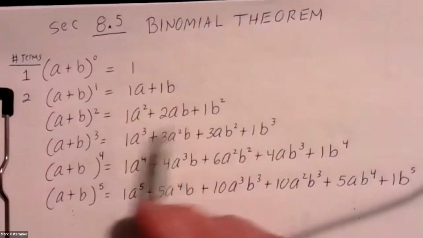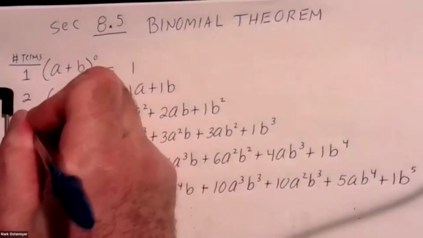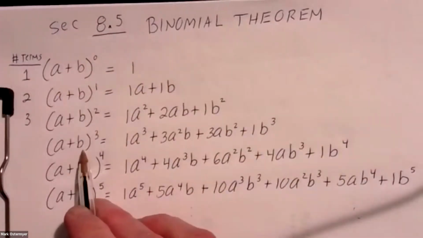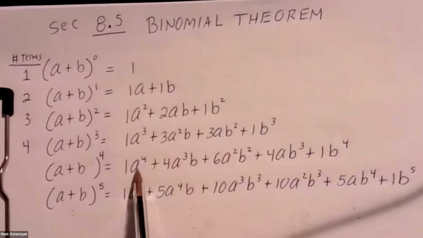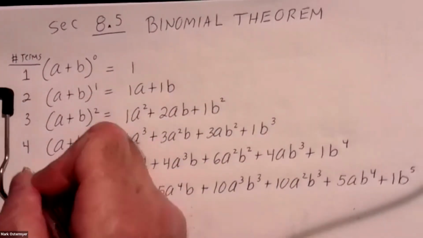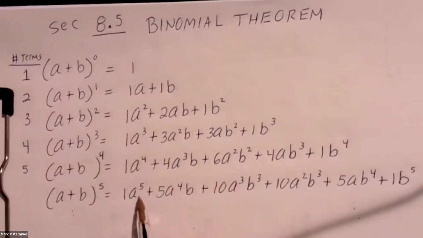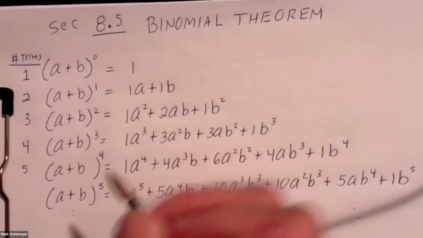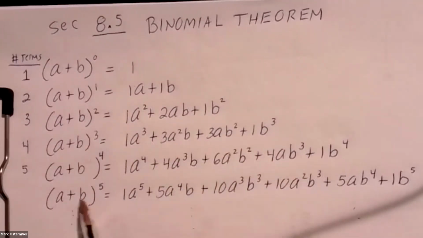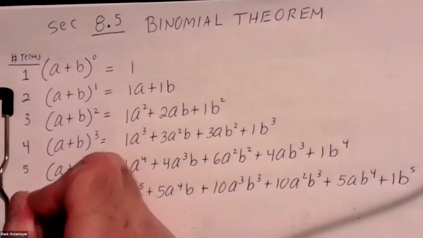A plus b to the second power, we count three terms. A plus b to the third power, we have four terms. A plus b to the fourth power has five terms. A plus b to the fifth power has six terms.